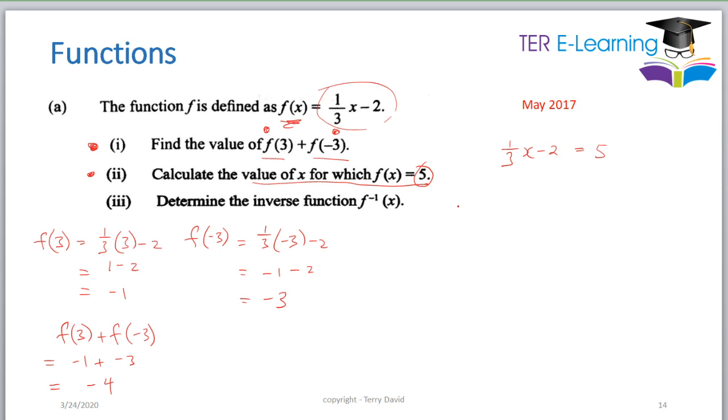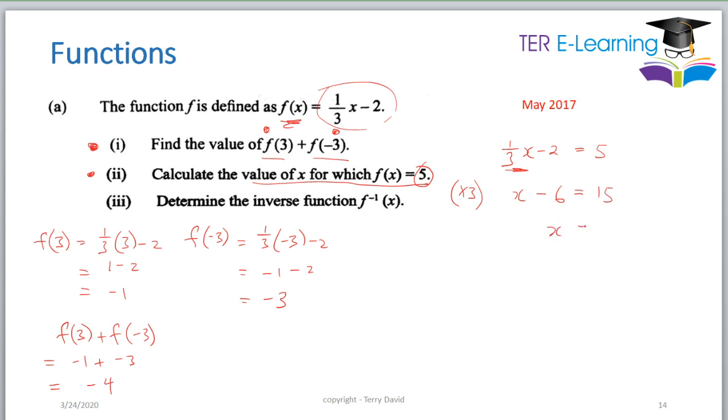Now, like I say in class, I don't like to work in fractions, right? So what I would do is multiply the entire equation by 3. So when I multiply this first term by 3, I'm going to just end up with x minus 6 is equal to 15, right?